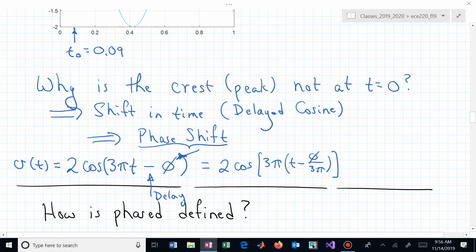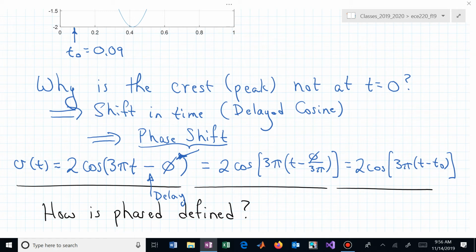I've just reallocated my 3 pi. But now it's written in a form that immediately makes the time delay explicit. Now that t sub 0 is in fact phi over 3 pi.